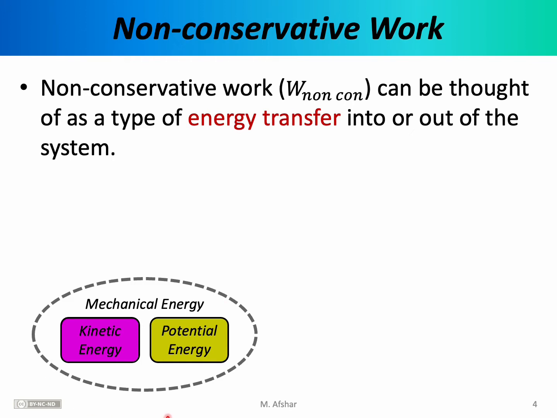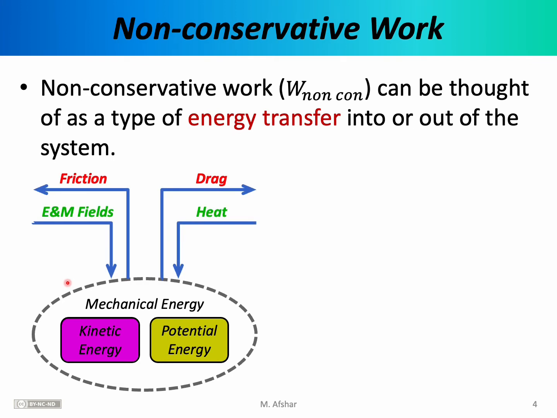You can think of your system, whether it's the apple or the block or the spring, as having some mechanical energy. That mechanical energy has two components, kinetic energy and potential energy. If there are no non-conservative forces, if drag and friction are absent, then the total mechanical energy remains constant. Energy can be transferred between kinetic and potential energy back and forth, but everything inside the dashed lines remains constant.